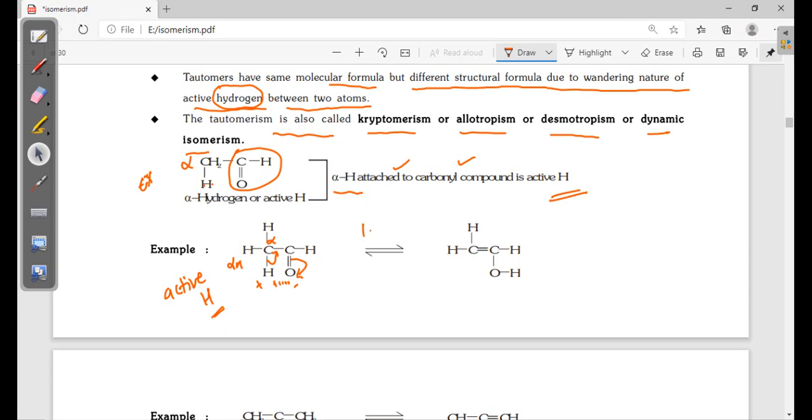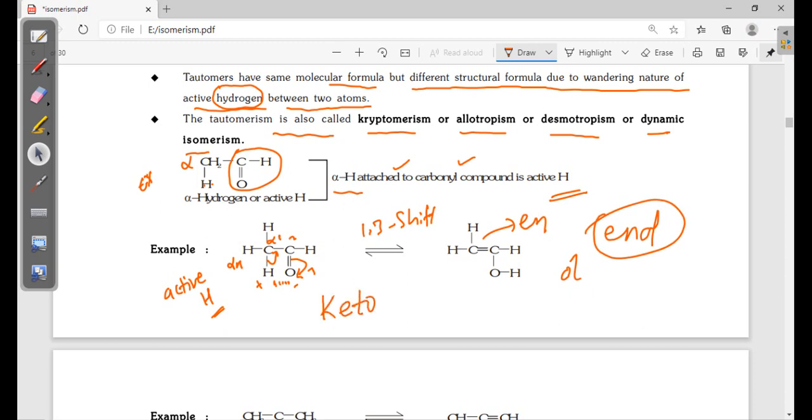It is called a 1,3 shift: 1, 2, 3, like this. So this hydrogen migrated to oxygen. This is an alcohol on an alkene, the common name is enol. So keto-enol tautomerism. This phenomenon is tautomerism, and these are tautomers.